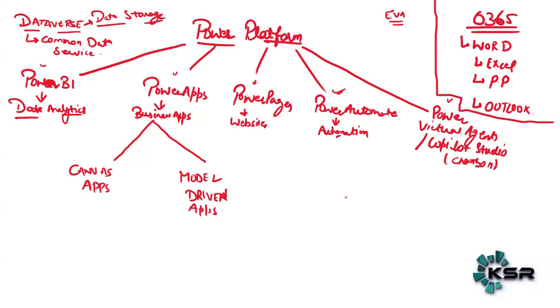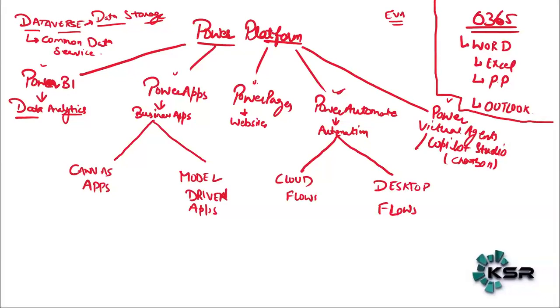Then Power Automate is again further divided into two categories: Power Automate cloud flows and desktop flows, right? Now, what are these two different types of business applications? These two different types of business applications are Canvas apps and model-driven apps.